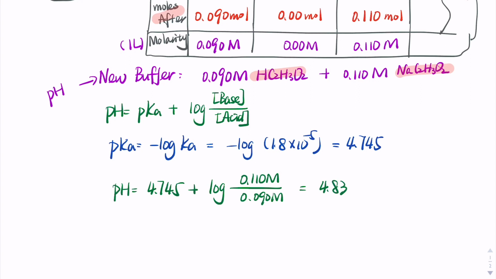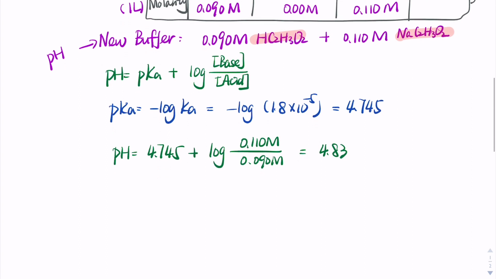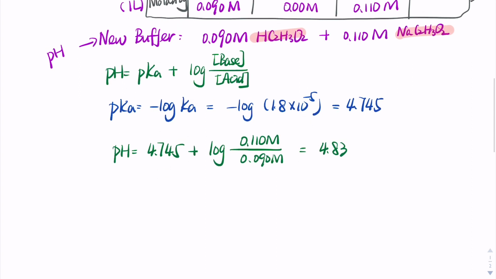The final answer will be 4.83. So this is a pH, but we cannot stop here yet. We need to double check. By how? By doing the small approximation. You do the small approximation by taking the concentration of hydrogen ion over the initial concentration of this acid. In this case we don't have the concentration of hydrogen ion, but we can calculate it.